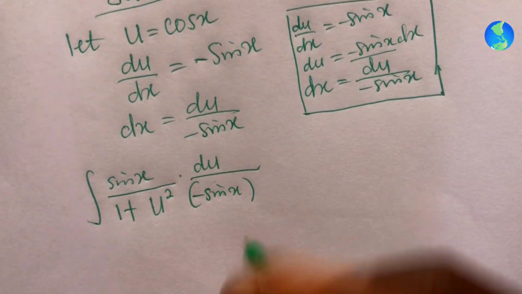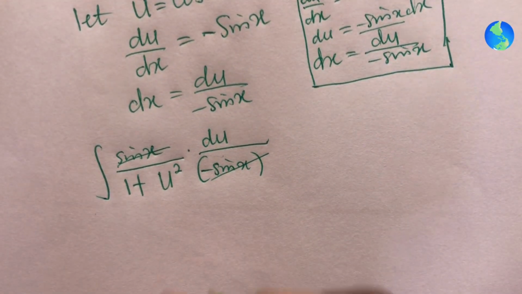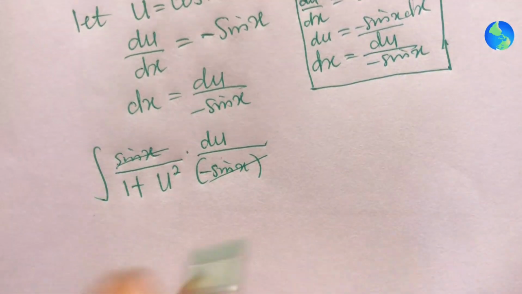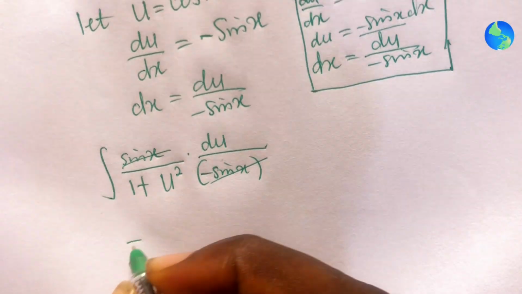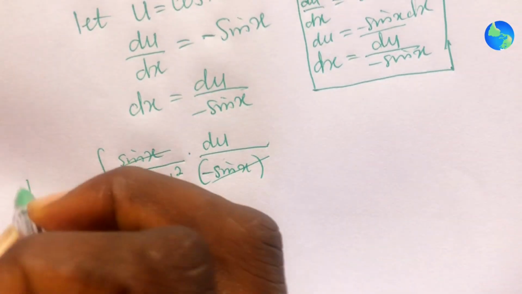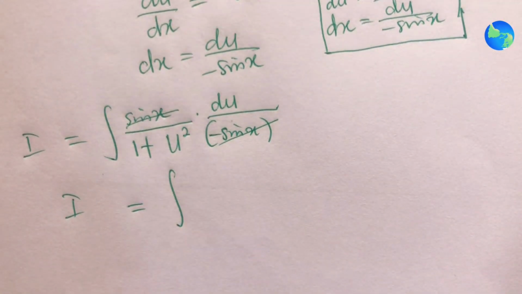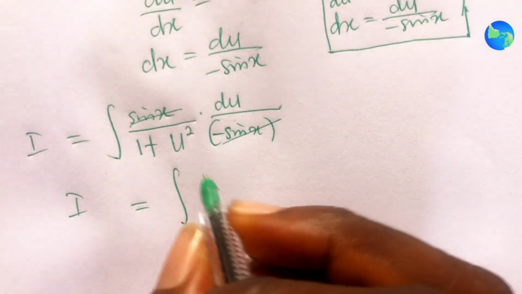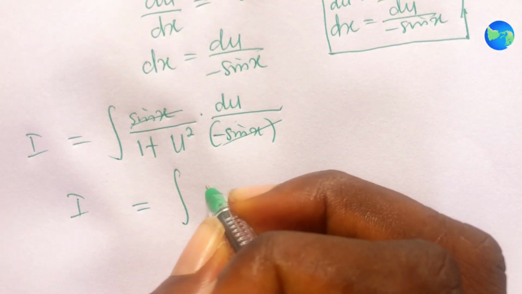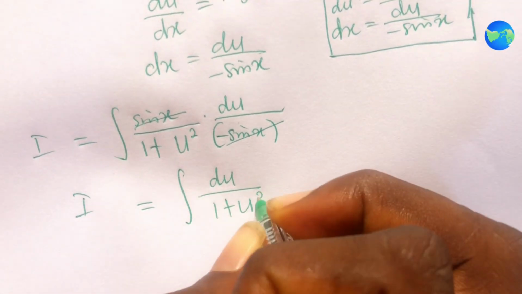Yes, we have this, so that sine x can cancel sine x out. Then what do we have left here? This is still going to be an integral. Let me just write I equals, so that I will know I'm defining it on something, right? So what's left is the integral of du over 1 plus u squared.